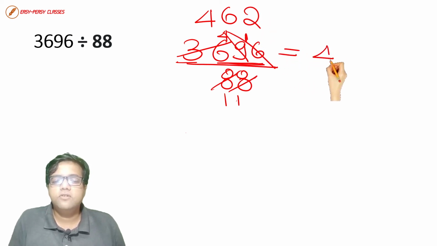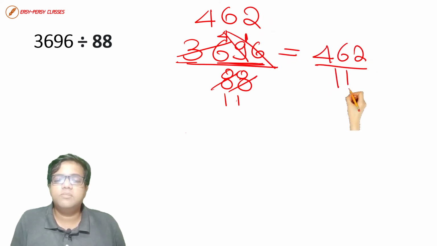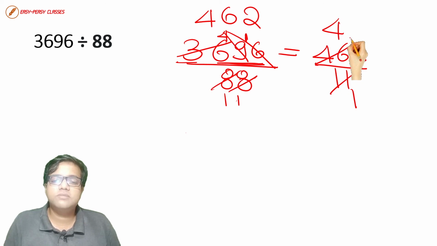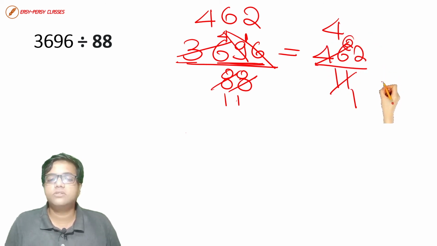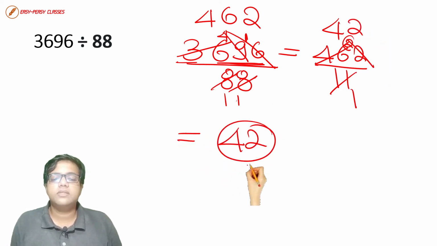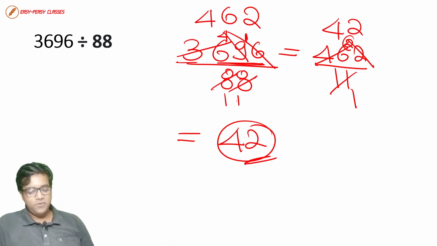So you get 462 divided by 11. So let's do this. 11 1s are 11. 11 4s are 44. So 46 minus 44 leaves the remainder 2. 2 and 2 is 22. 11 2s is 22. So the answer for this question is 42.